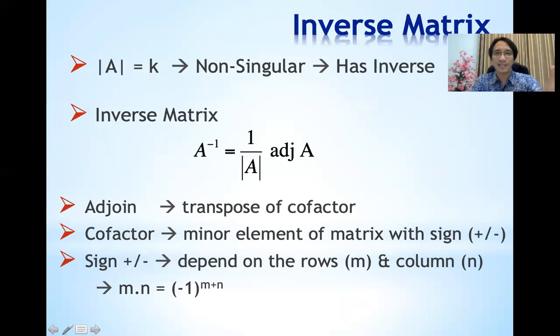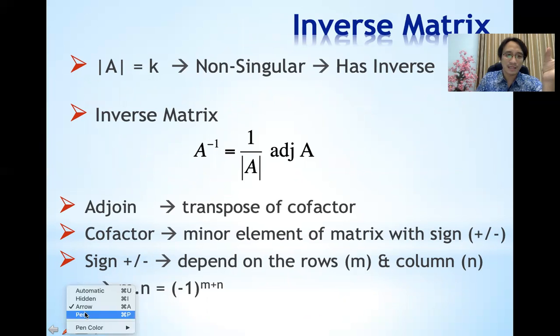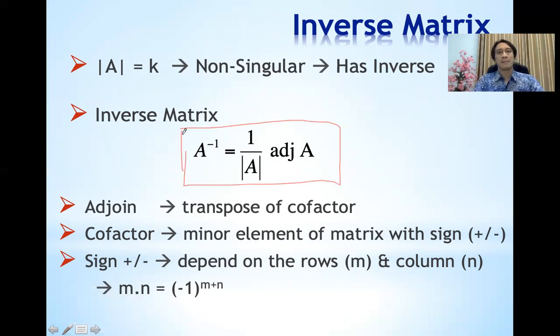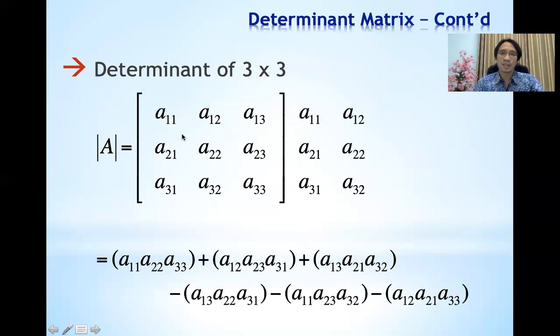If it has an inverse, then we can calculate or find the inverse of the matrix. We have the formula of the inverse matrix. But before we discuss inverse matrices, I just want you to learn about the determinant first.